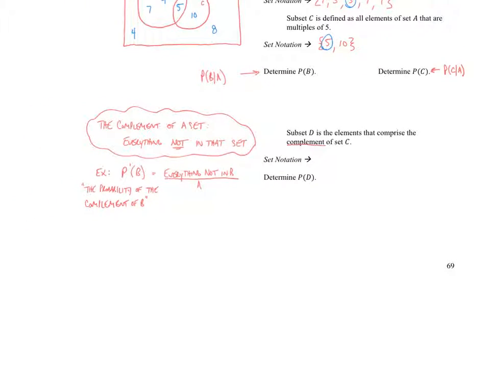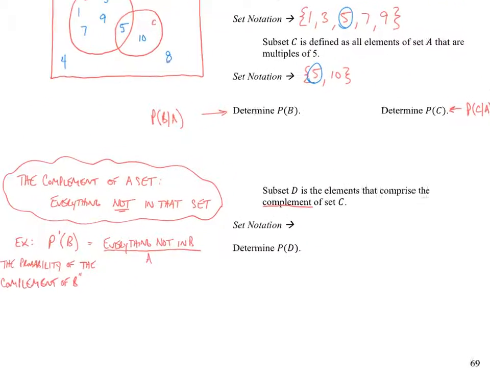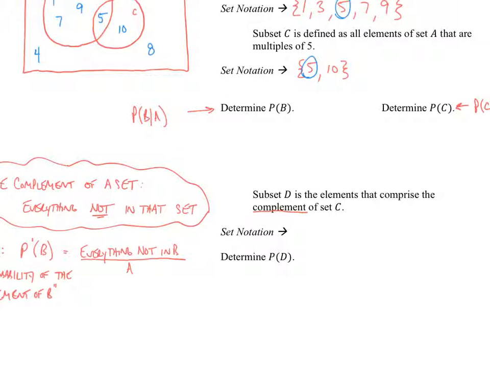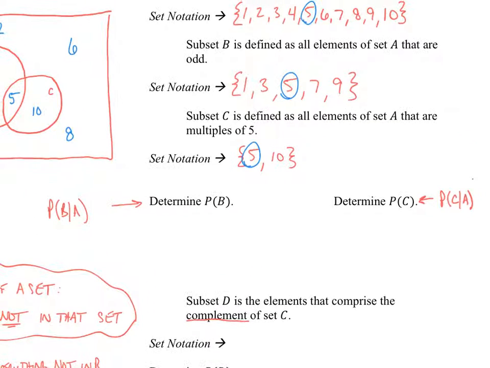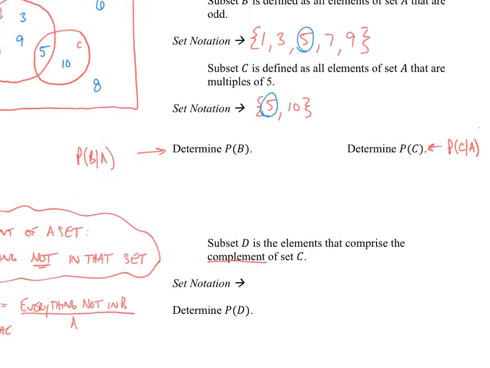We're going to first define that set in set notation. So if D is the elements that comprise the complement of set C, let's first look at what set C is. C is defined as all the elements of set A that are multiples of 5. So D is going to be all the elements of set A that are not multiples of 5.